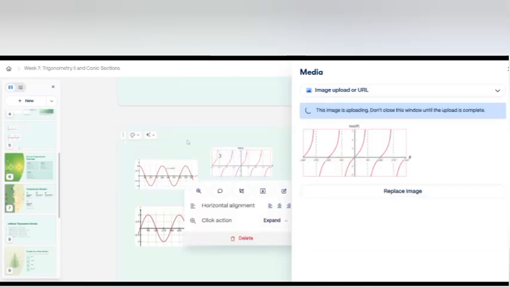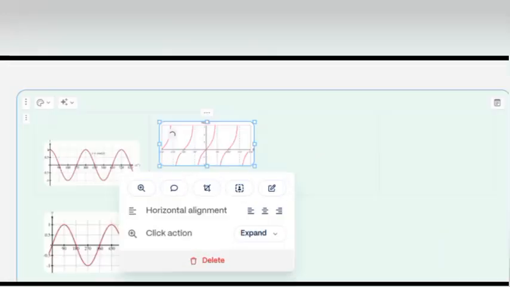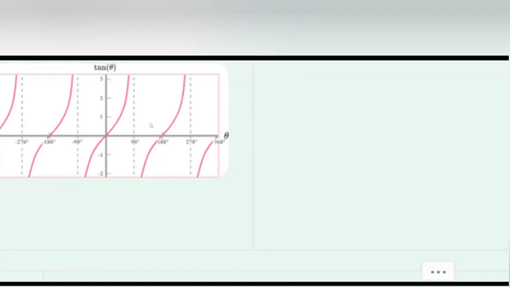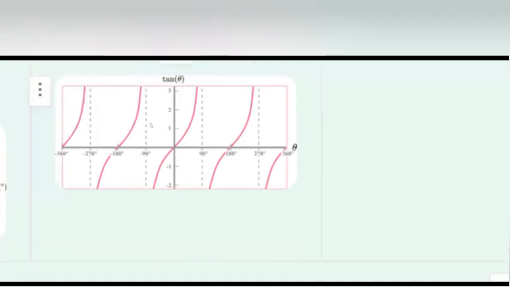Okay, fantastic. So this is the graph of the tangent function, right? And as you can see, it's pretty unique, very different from what we had before. But the point I'm trying to make is that there are points where the tangent graph doesn't even touch, right?